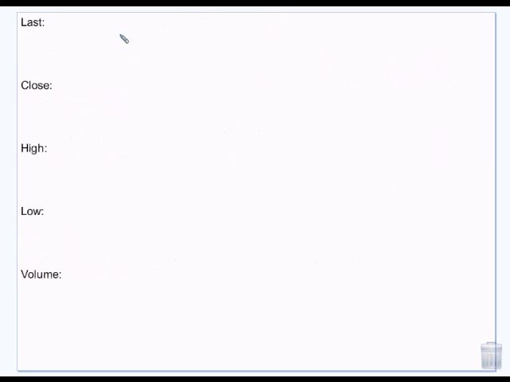These are words that you will hear a lot. Okay, when they say the last, that is the price per share of the last trade made for a stock.